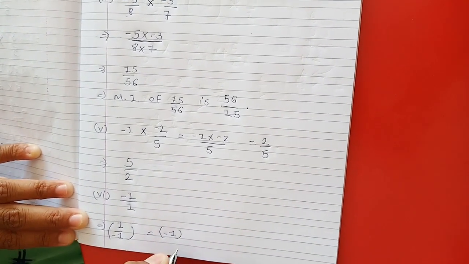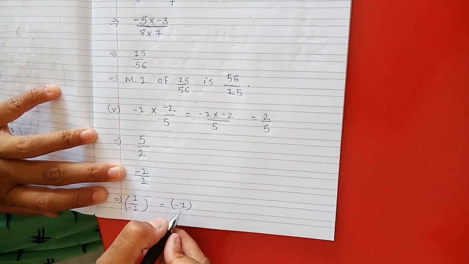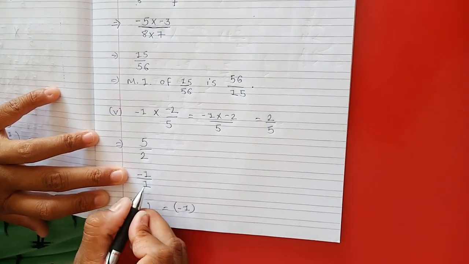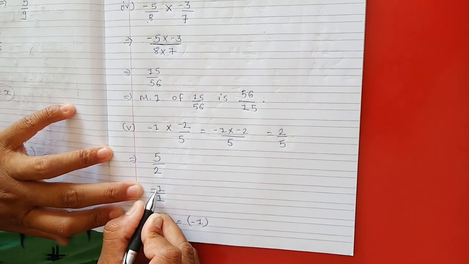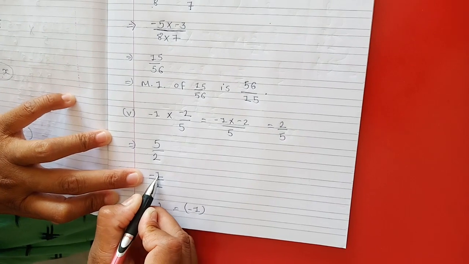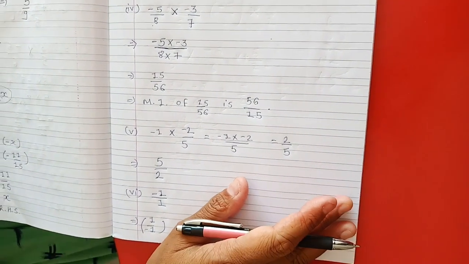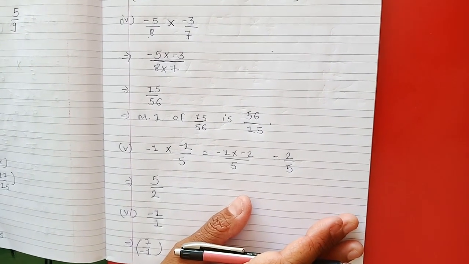So minus 1 is one of the numbers, and its multiplicative inverse is the same as that number. Minus 1 is given in our question, but the multiplicative inverse of that minus 1 is also minus 1.